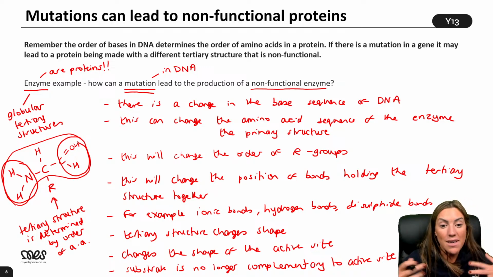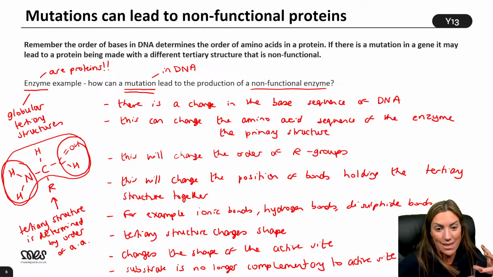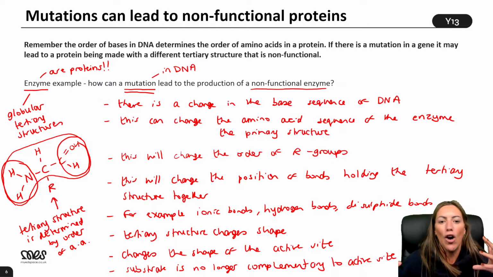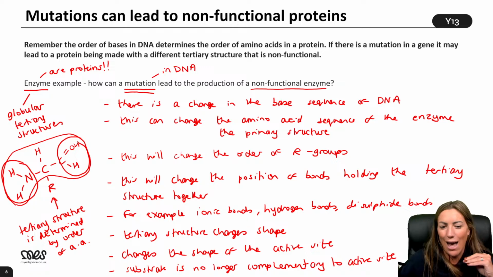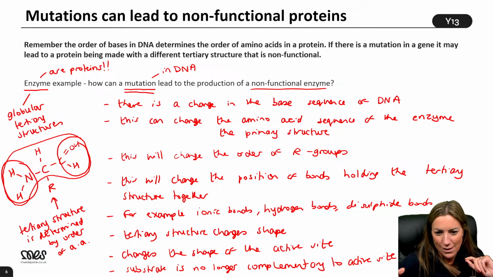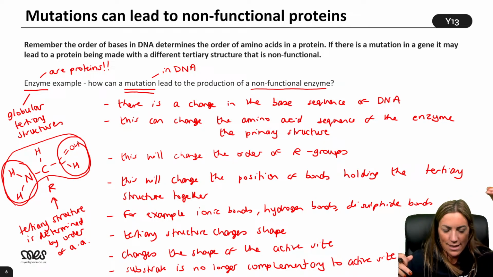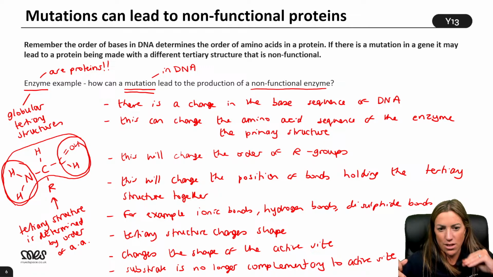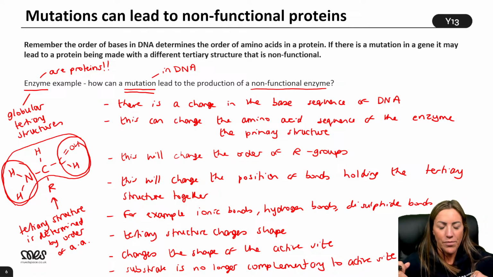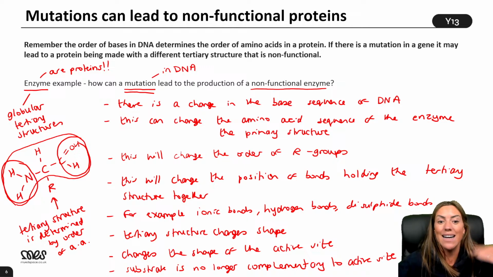Personally, I love this question. If I got a question like this on an A-level exam, I would just think, perfect. I know I can get all the marks, even if this was 5 or 6 marks. I love this whole story going from DNA to amino acid sequence to tertiary structure, and even better if it's an enzyme, because then I can also link it to the active site and the enzyme substrate complexes.